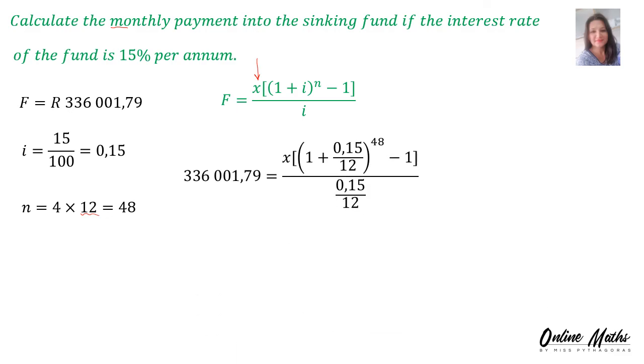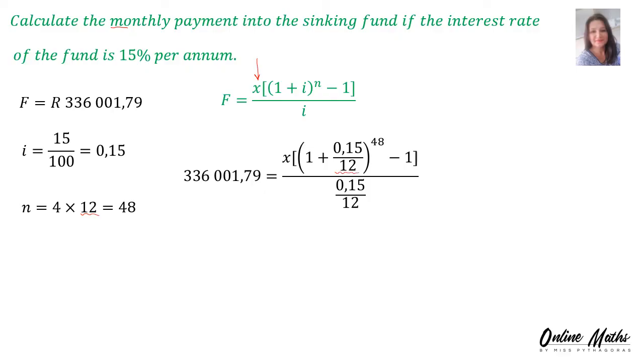F's value, 336,000 equals, X is what we're looking for, times 1 plus I is 0,15, but remember there's monthly payments, so we will divide I by 12.